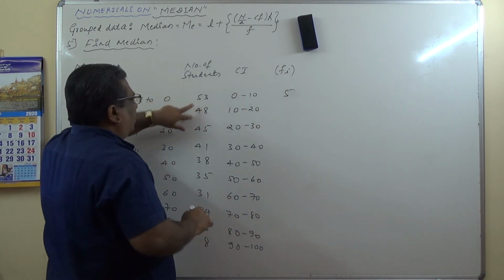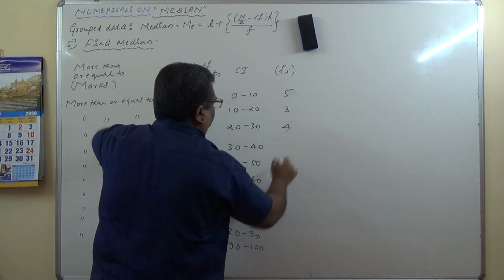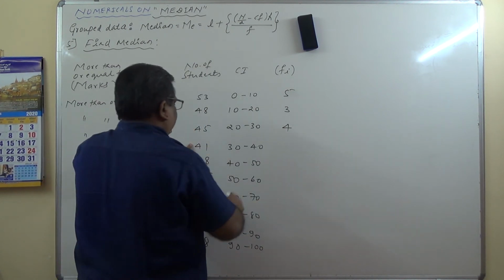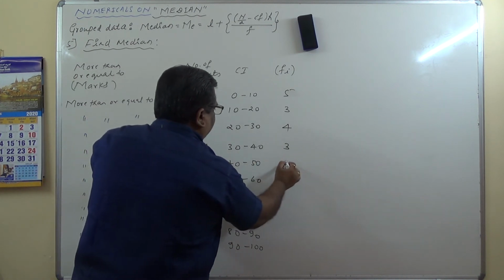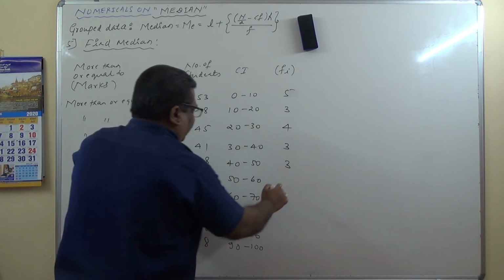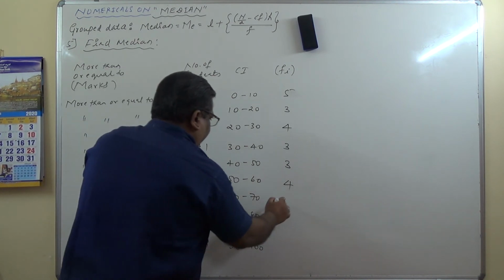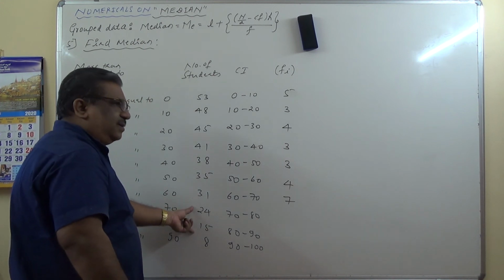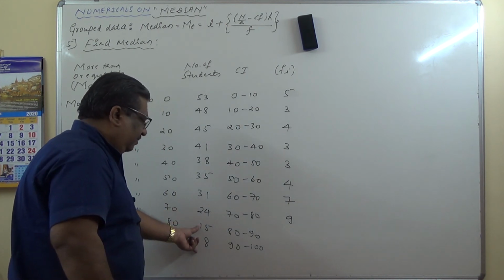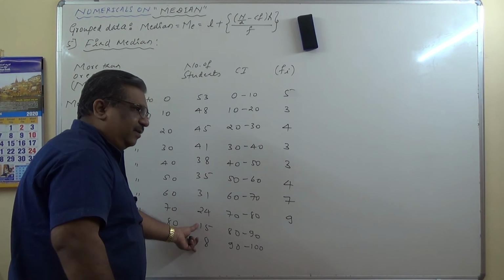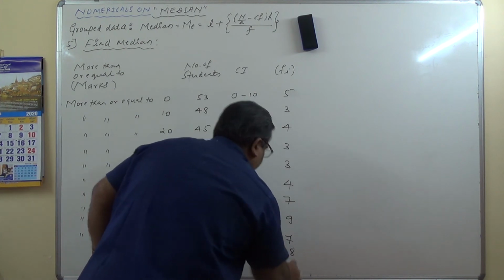Frequency 5 students. 48 minus 45, 3. 45 minus 41, 4. 41 minus 38, 3. 38 minus 35, 3. 35 minus 31, 4. 31 minus 24, 7. 24 minus 15, 9. 15 minus 8, 7. And 8 minus 0, 8. So this is the frequency.